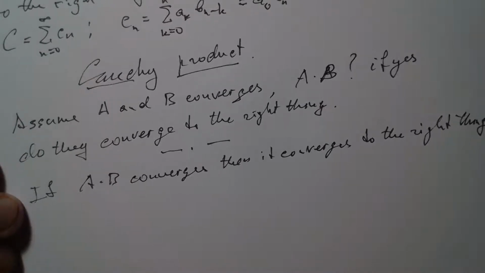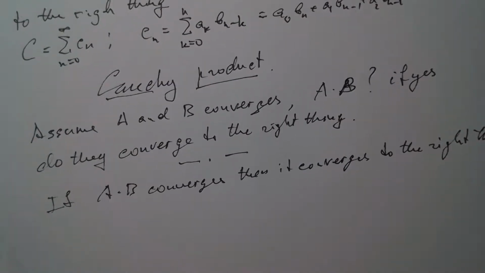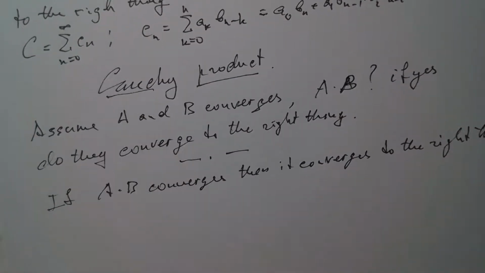However, as I'm going to show you next, A and B may converge, but A times B, as defined using this Cauchy product, does not converge.